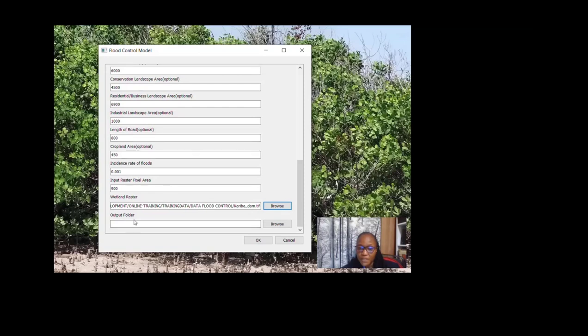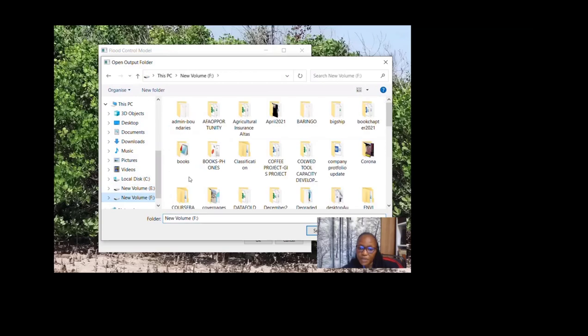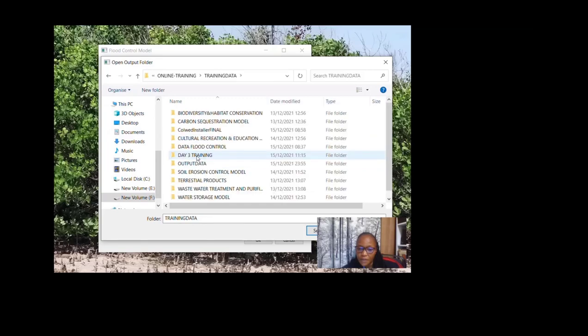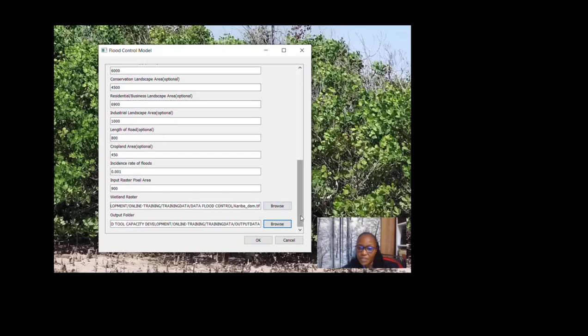What will happen in this model is that once it has finished the landscape assessment, it should be in a position to load the values onto the wetland raster. And then we identify the folder where the output should be stored, the output data folder. Once all these data sets have been loaded, it is ready to run.